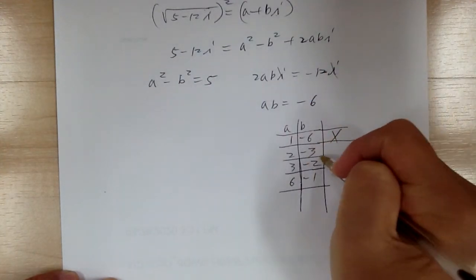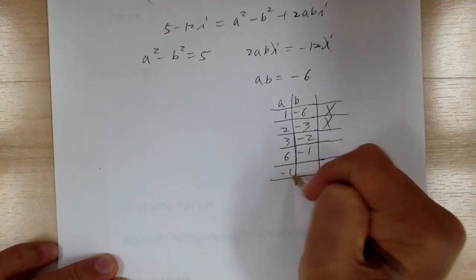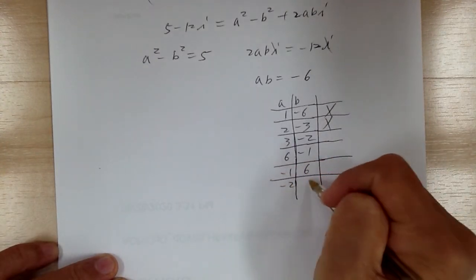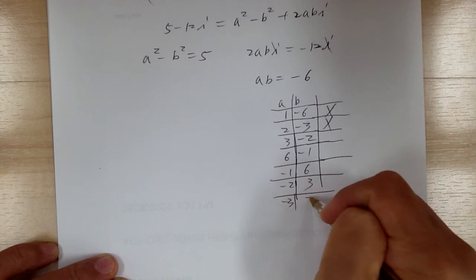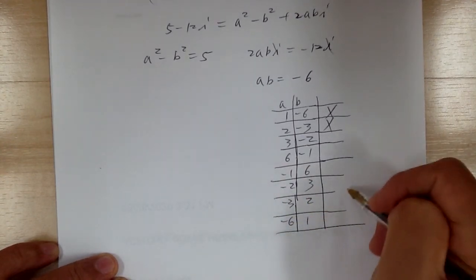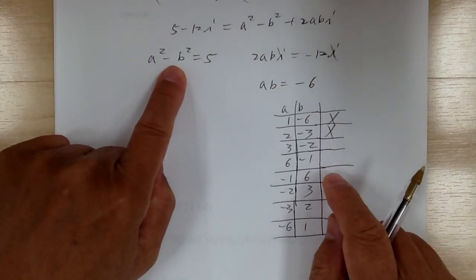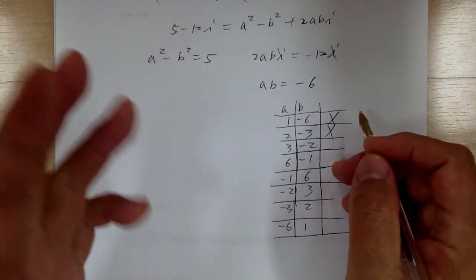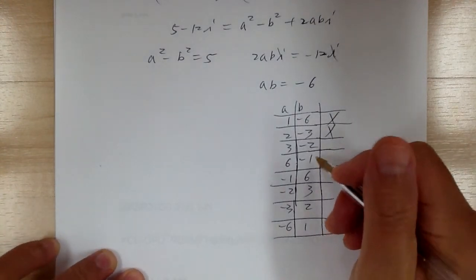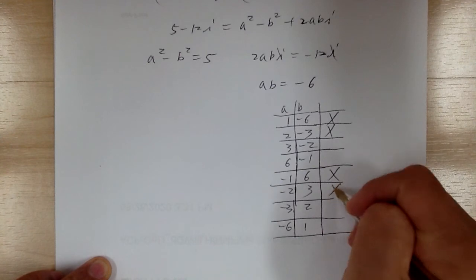So this is not going to work. This is not going to work. Okay, and same thing, you can have -1 and 6, -2 and 3, -3 and 2, -6 and 1, right? And again, because of this, we know that a had to be bigger than b, right? Not looking at the sign. So this one's not going to work. This one's not going to work.